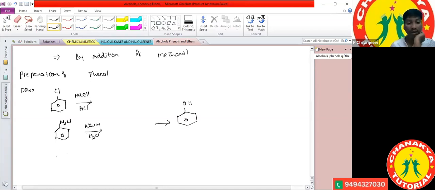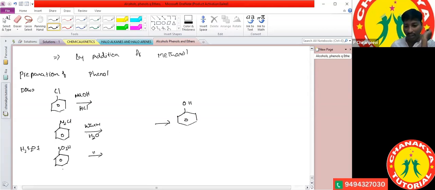And another one is from oleum, when benzene is treated with oleum. Oleum is nothing but H2S2O7. When benzene is treated with oleum, it forms benzene sulfonic acid. When benzene sulfonic acid undergoes hydrolysis, it forms phenol. That is one method.